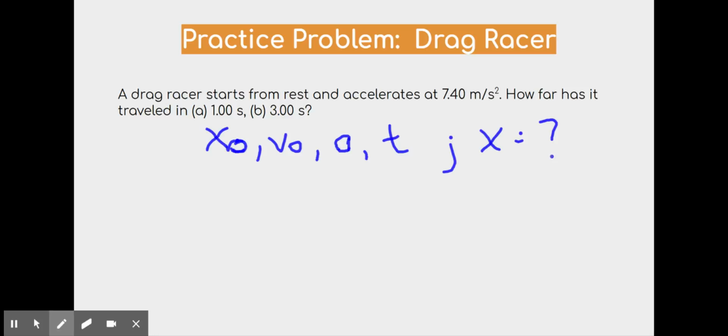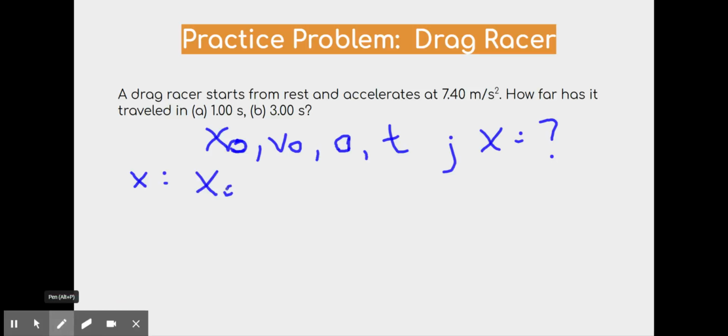Well, do we have some equation that relates the initial position, the initial velocity, acceleration, and time? Yes. It is an equation of motion, and it is this one. Our position is equal to our initial position. Wow, this is so difficult. Okay.